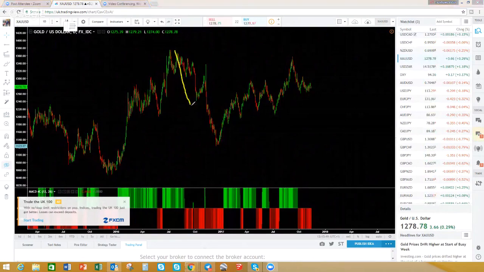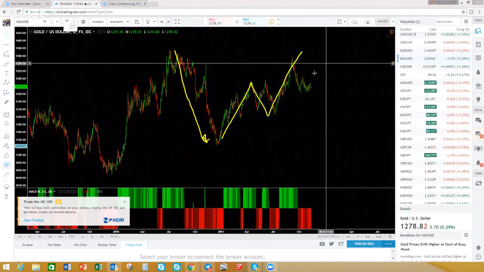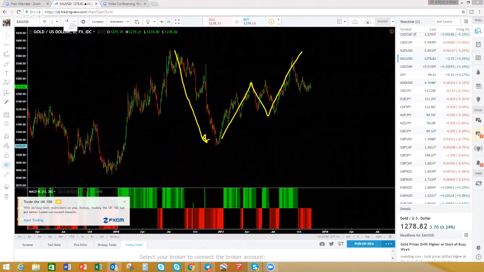Now we're getting this 1, 2, 3 that I think is still not yet completed. Now let's go down here. We've got an impulsive move to the downside here. So a couple of weeks back, we had this impulsive move, and everybody was thinking, okay, gold is ready to go, but it pulled back like that.